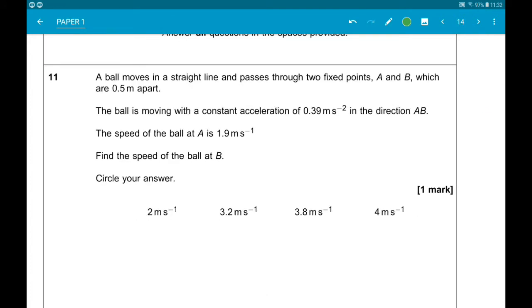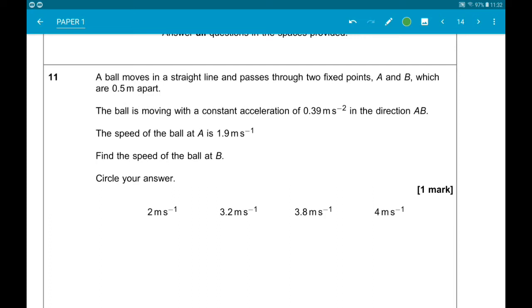Then number 11 and the start of the mechanics. So a ball moves in a straight line and passes through the fixed points A and B, which are 0.5 meters apart.